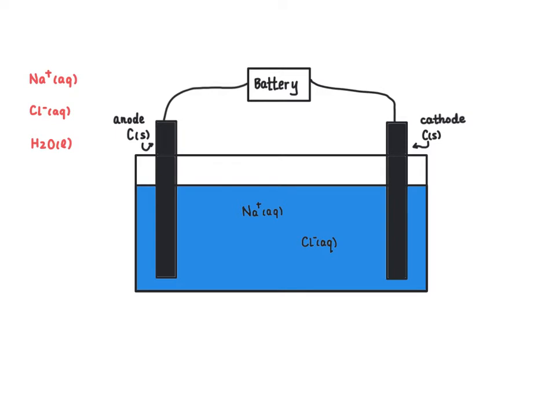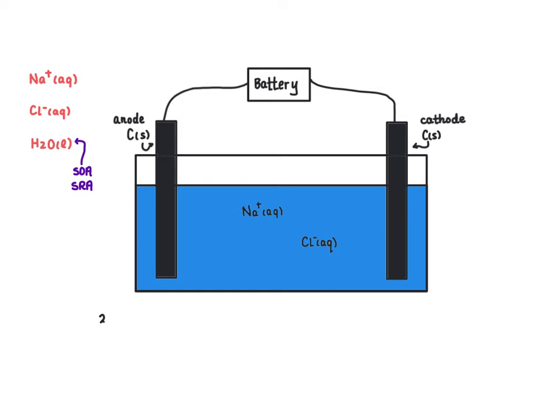If we examine our reduction table on page 8, we'll see that water is both the strongest oxidizing agent and the strongest reducing agent in this cell. So our expected reactions would be oxidation of water at the anode.